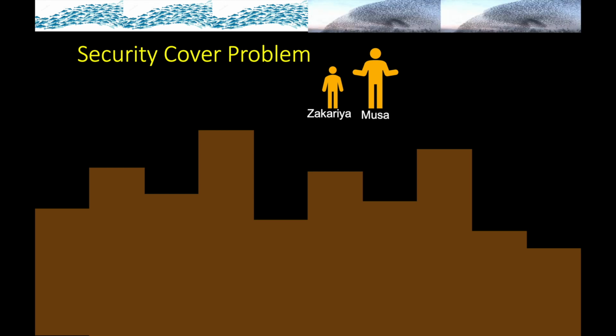For that purpose, you are given the map of GIK Institute below. For example, there are these different buildings that you can see here, and Musa and Zakaria want to find which of the buildings is the highest one so that they can be stationed on top of that building. Let us suppose, just for the sake of simplicity, that these buildings are all arranged in a single line.